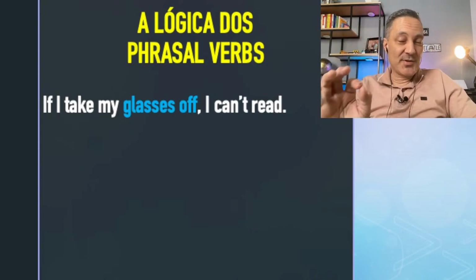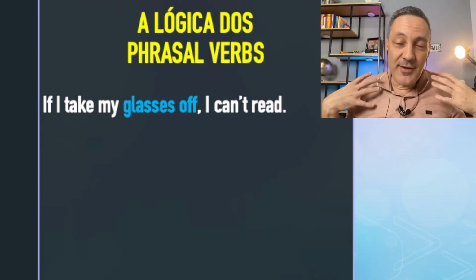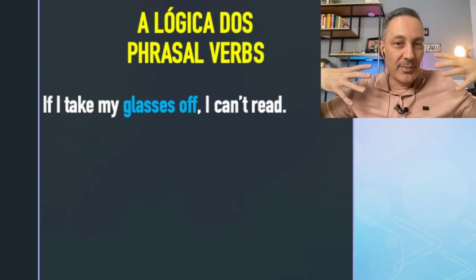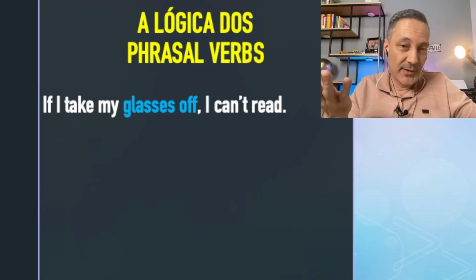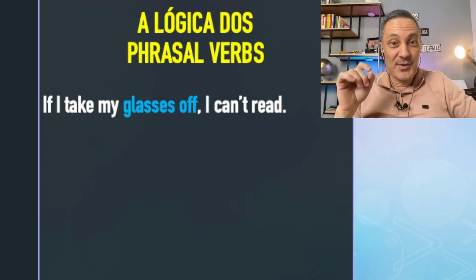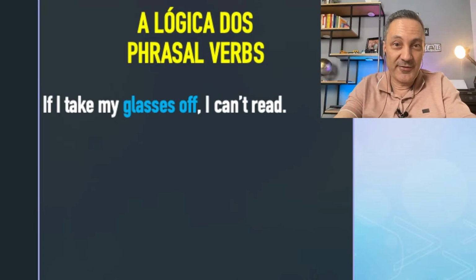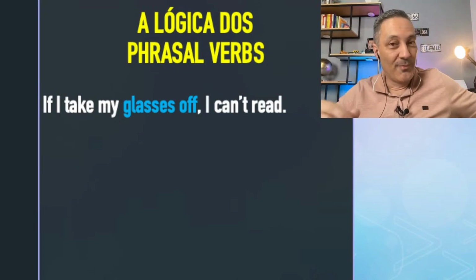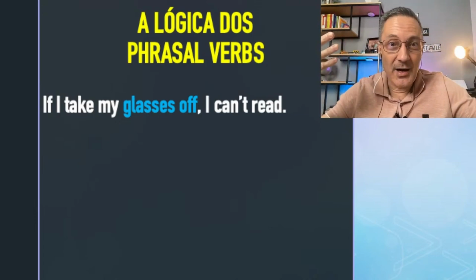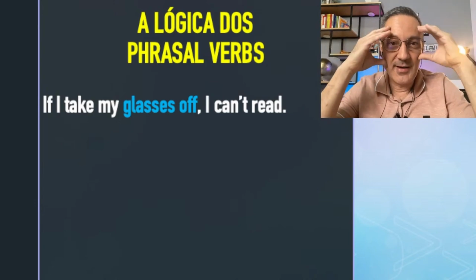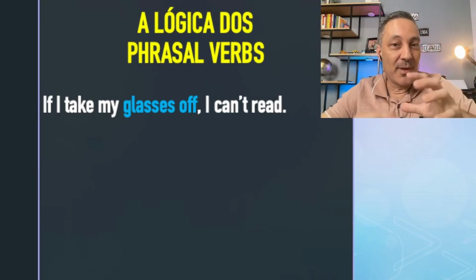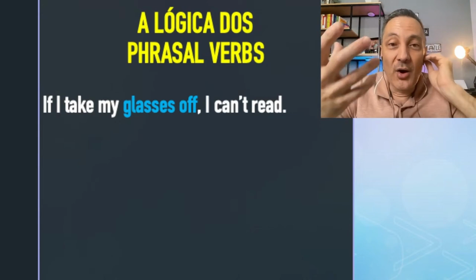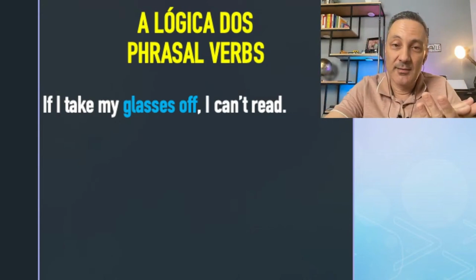This is very interesting because everything you put on your body, if you want to say you are going to remove it, you are going to use the verb take off. So, my glasses are on my face, okay? Take something off. Why off? Because it was on.